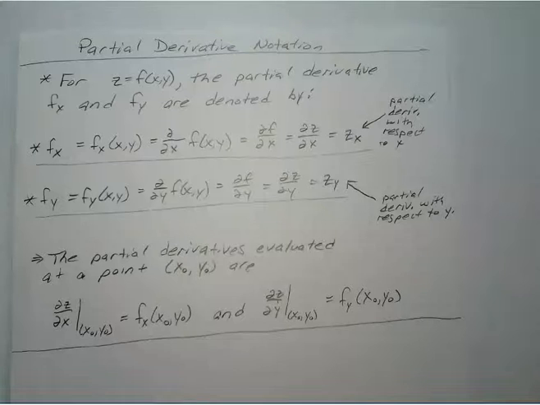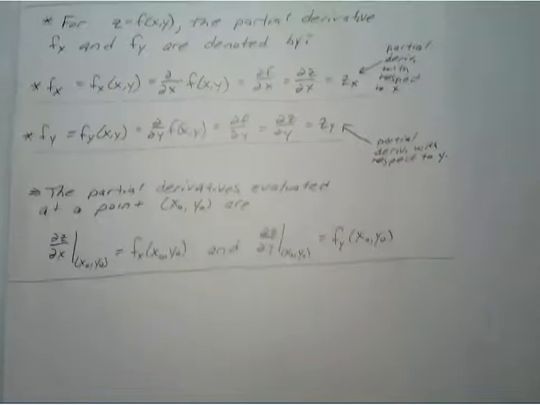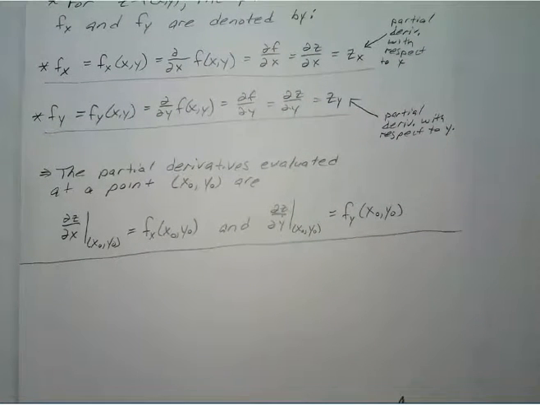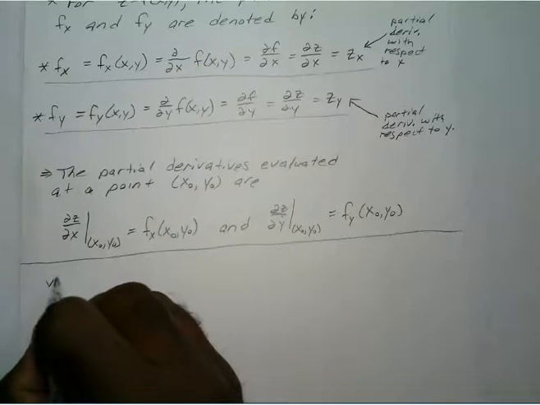Okay. So what a partial derivative does is it tells you the slope of a three-dimensional function at a specific point and what direction that slope is going in. Okay, so let's say you want to see it visually.